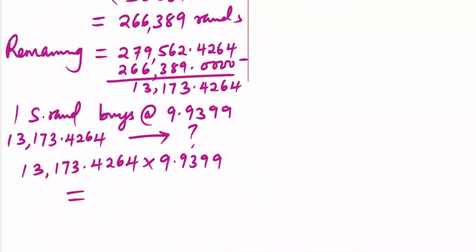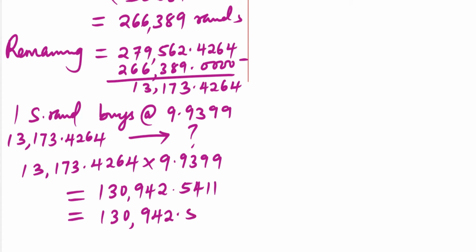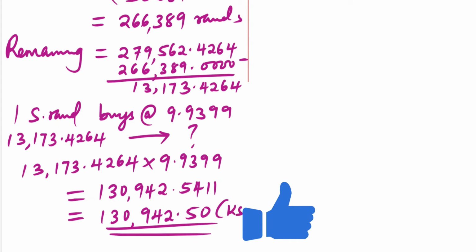So multiplying that, we get 130,942.5411. Now we're required to give the solution correct to the nearest cent. So to the nearest cent, this will be 130,942.50. This is 50 cents, and this amount is in Kenyan shillings. Don't forget this.